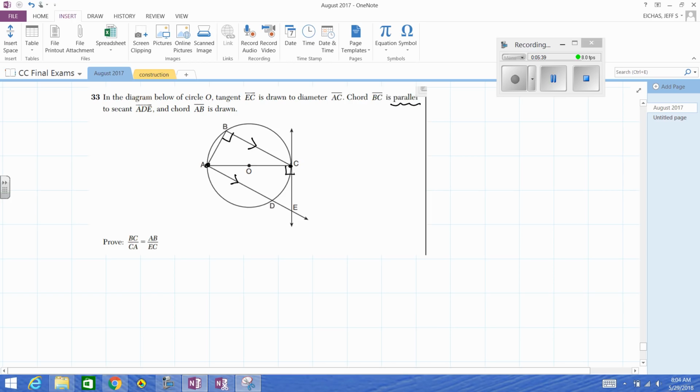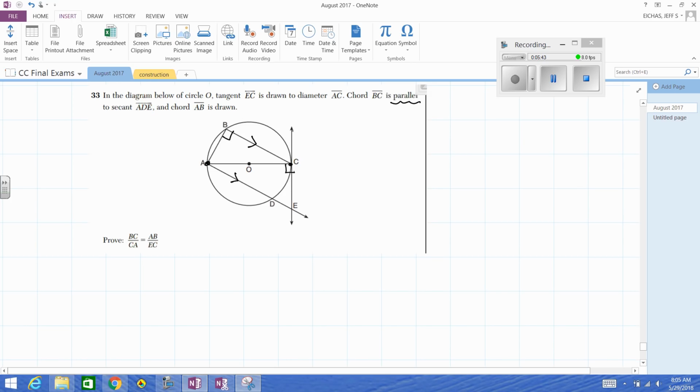Half of 180 is 90. So angle B is going to be a right angle. Angle C is a right angle because a tangent and a diameter form a right angle. And then we have these alternate interior angles that we can use. So it's going to be angle, angle. And then that looks like it's the result of corresponding sides of similar triangles being proportional. So let's go write that up.